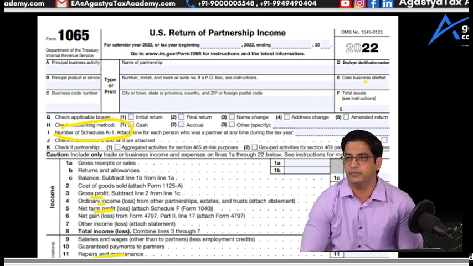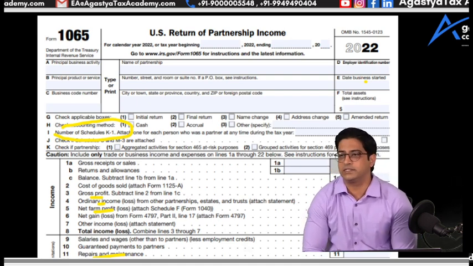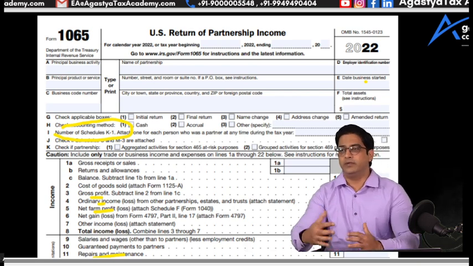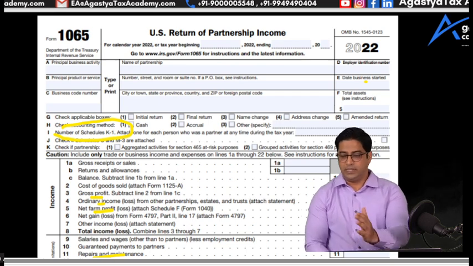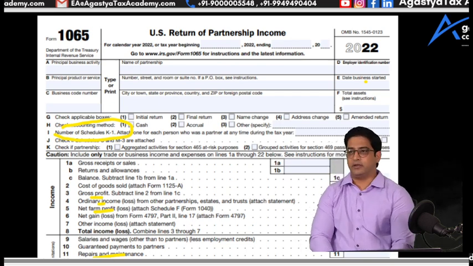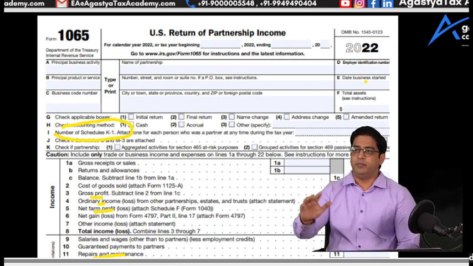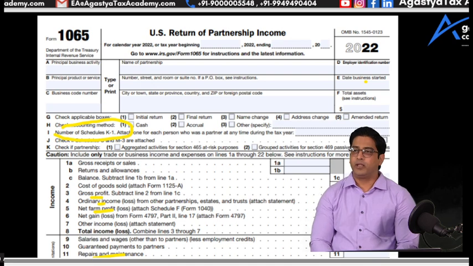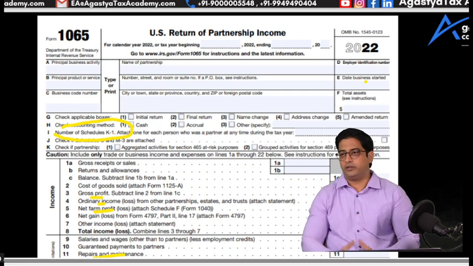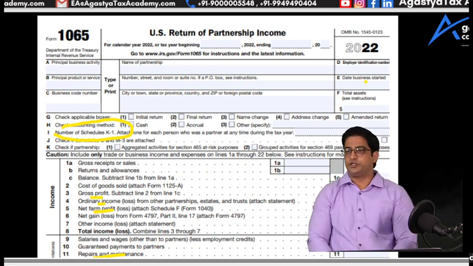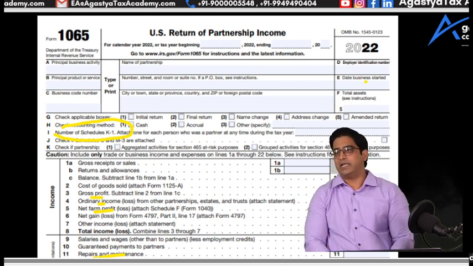The tax year can be a choice. It can be a calendar year or a fiscal year. Usually the financial year ends on December 31st. Some people might choose a fiscal year, for example somebody will choose Deepavali, so their tax year starts from Deepavali and ends beyond that. They can choose their own date. Usually partnership returns should be filed by the third month after the end of the tax year.